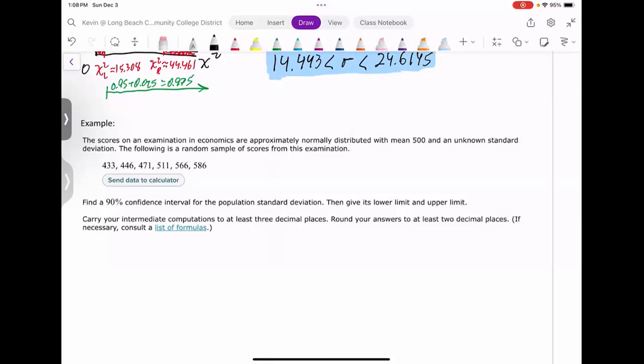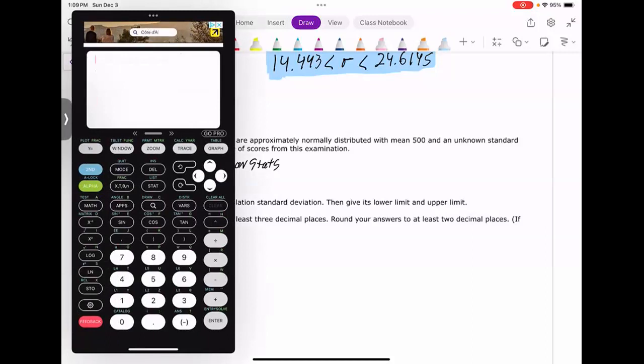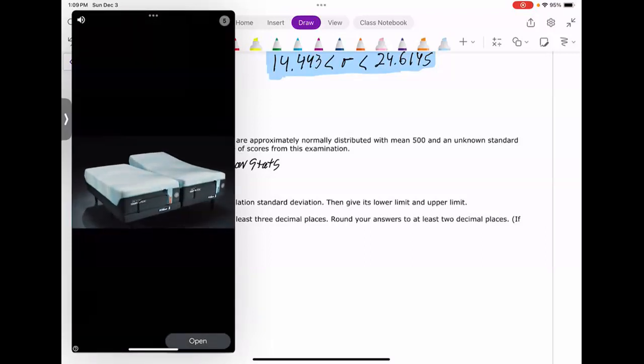All right, before we get going, I'm going to run one var stats on this data because I need the standard deviation. So I'm going to go to stat, calculate up at the top, one var stats, and we get an advertisement.